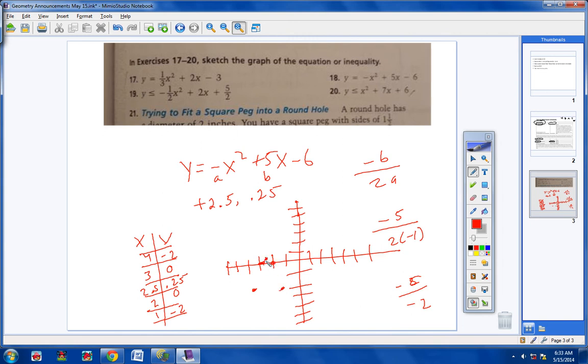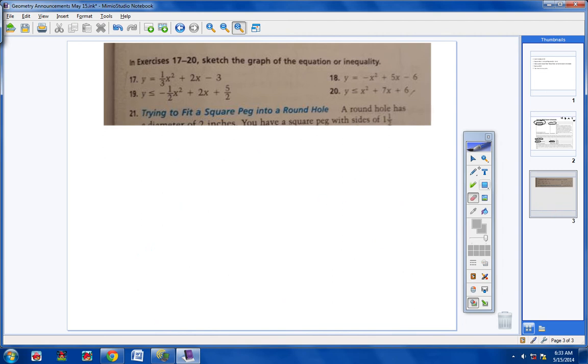And there we go. Kind of a skinny parabola. Kind of looks like this. All right, number 18 is identical. I don't think I'm going to work out all of 19 for you. I will just say this. You graph it the exact same way.